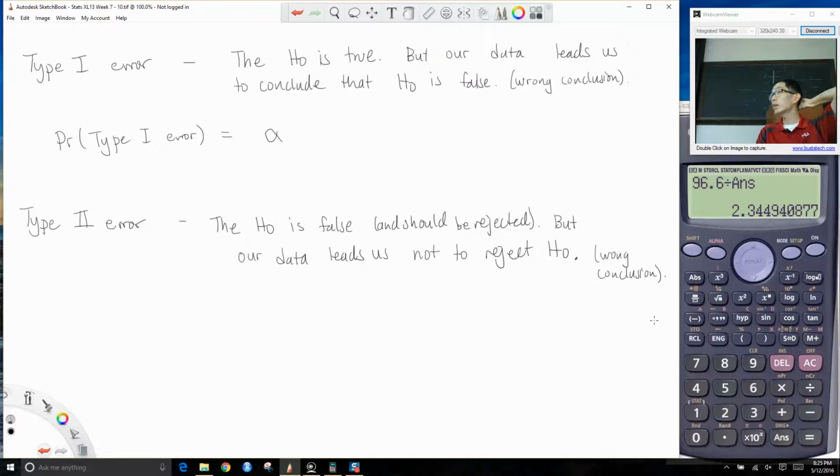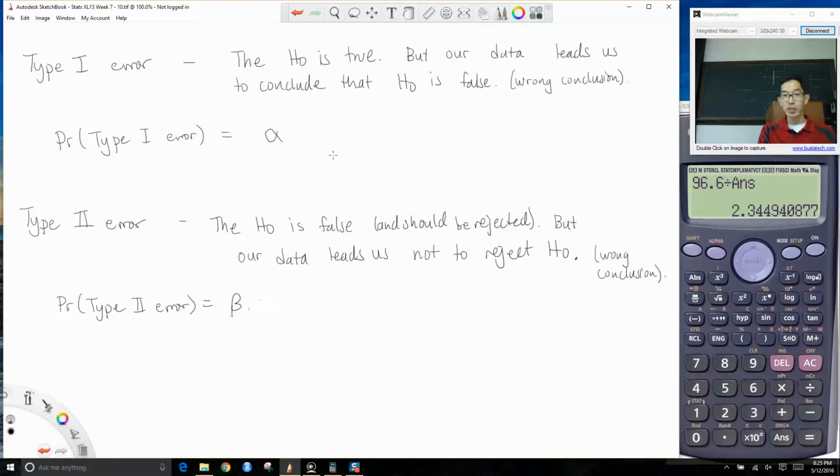And so if you decrease your alpha, you will be rejecting the null hypothesis less often, but that's going to increase the risk of a type 2 error. We call the probability of a type 2 error beta.